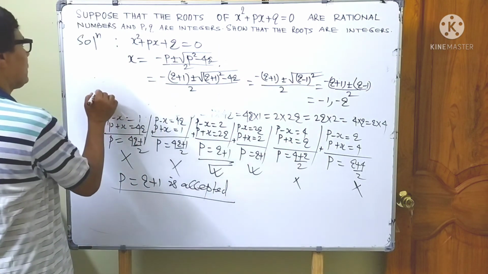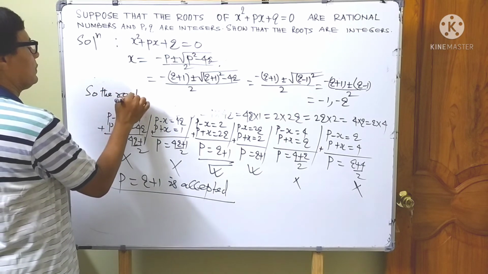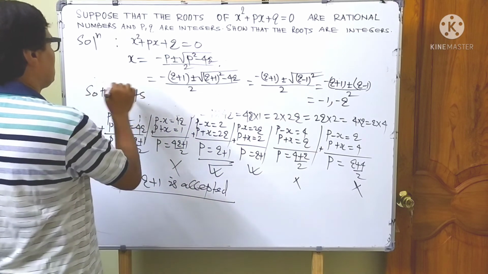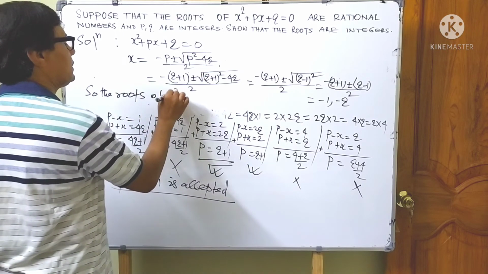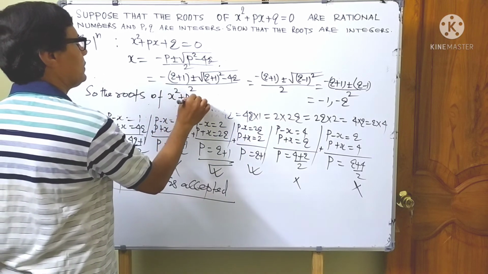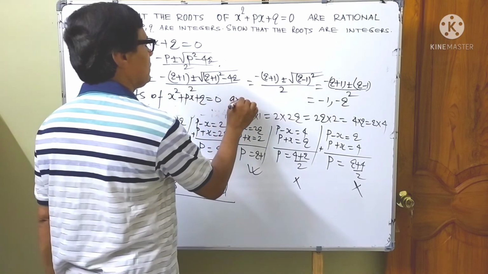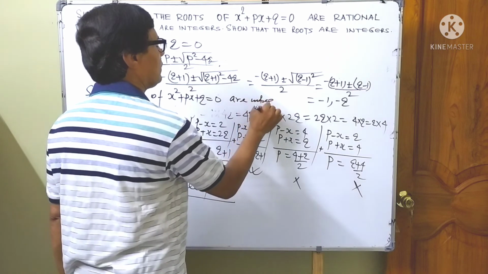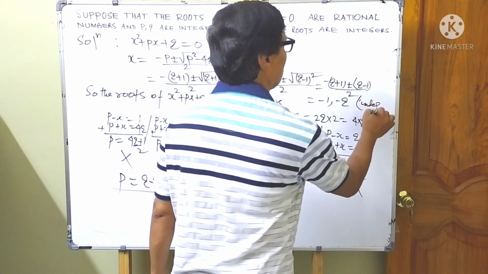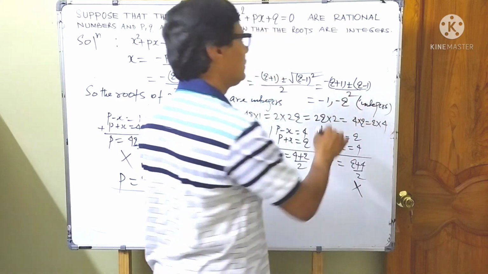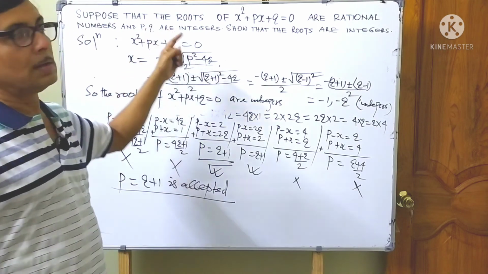So we have proved the roots of this quadratic equation x squared plus px plus q equal to 0 are integers. These are integers: 1 is an integer and q is also an integer, because we are given that p and q are integers.